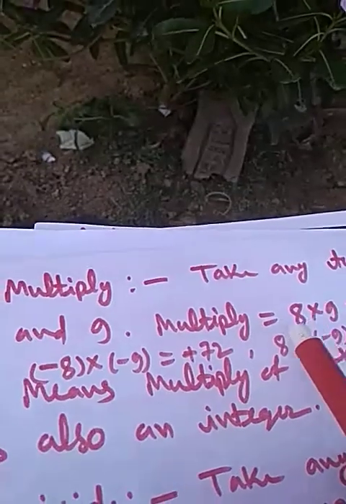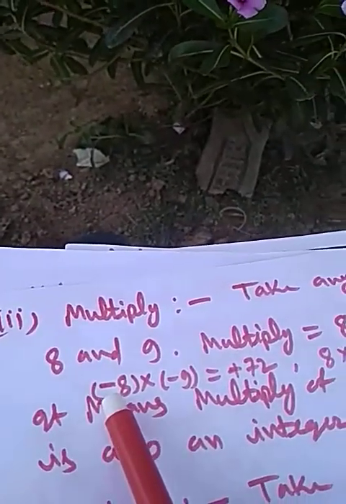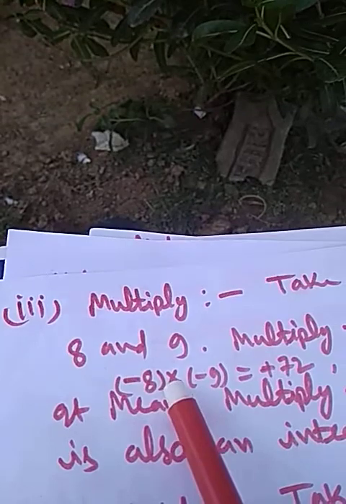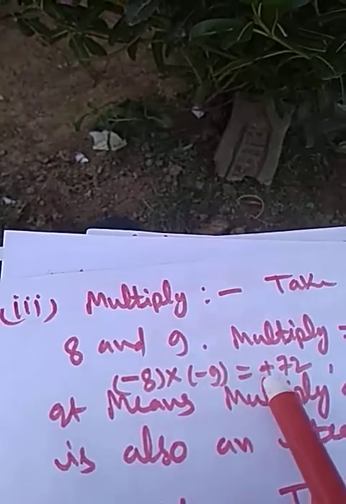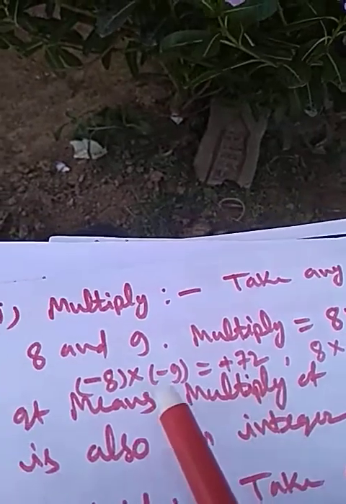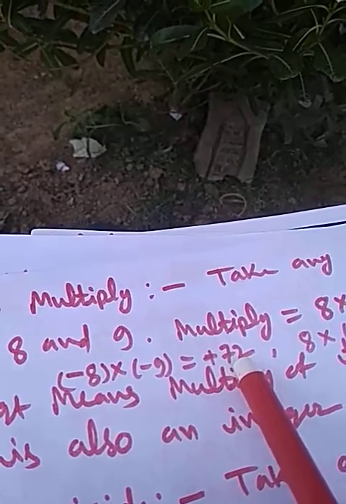Now in the second case we shall take 2 negative integers. Suppose here -8 and -9, there are 2 negative integers. We shall multiply -8 multiply -9, that is equal to +72. +72 is also an integer.